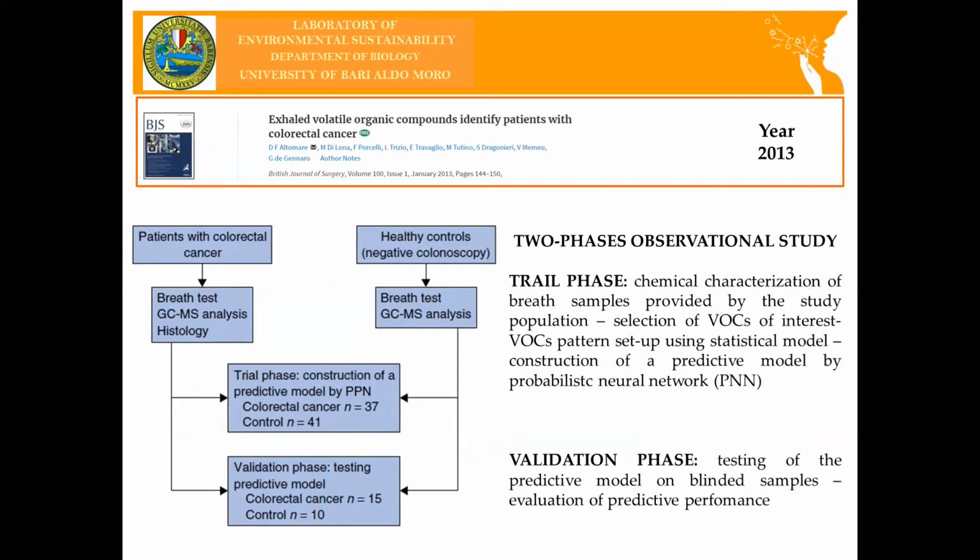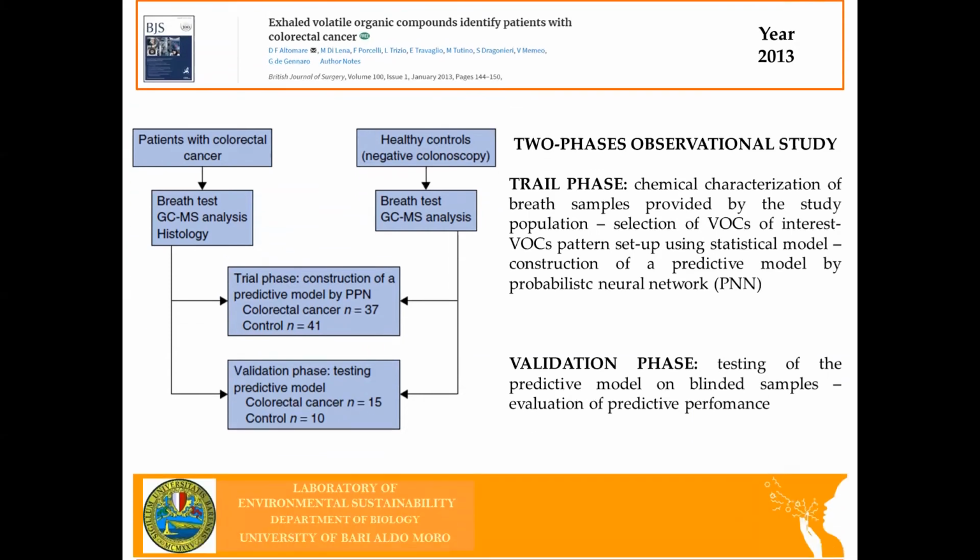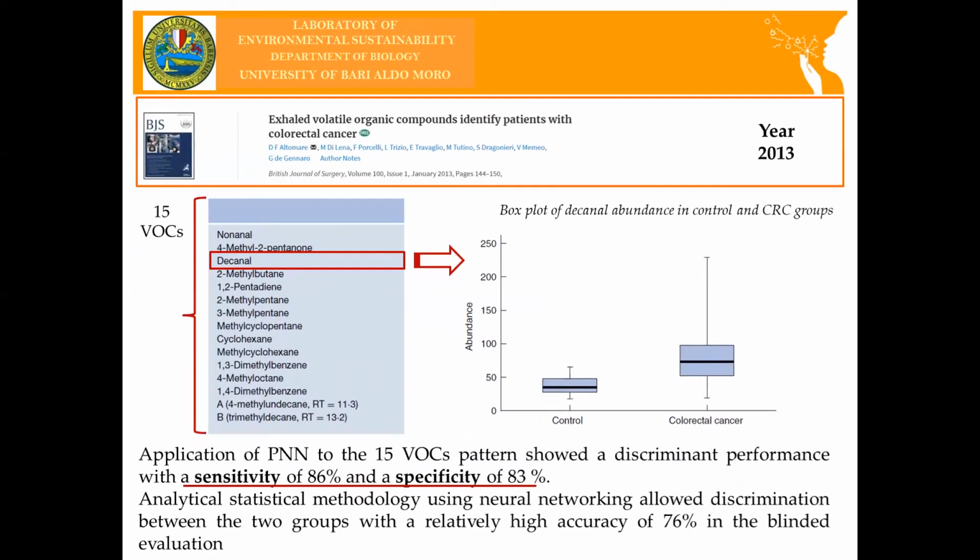Based on the selection of the most significant variables, the performance of the constructed predictive model was evaluated on blind samples in the validation phase. The study demonstrated that patients affected by colorectal cancer had a different selective VOC pattern with respect to healthy controls. 15 of the 58 identified VOCs exhibited statistically different abundances between the cancer patients group and the control group, and were then considered eligible for discrimination.